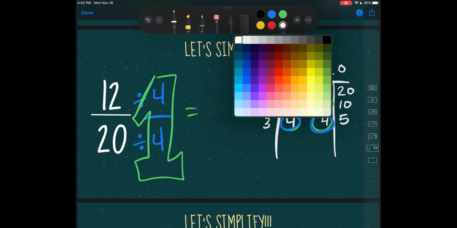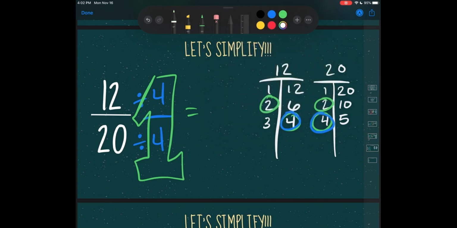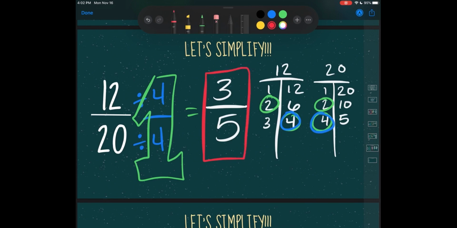And so the reason why that works is because when I'm dividing by 4 over 4, I'm basically dividing by 1, right? So I can do 12 divided by 4 to get my new numerator, which is 3. And I can do 20 divided by 4 to get my new denominator, which is 5. So my simplified fraction is 3/5.